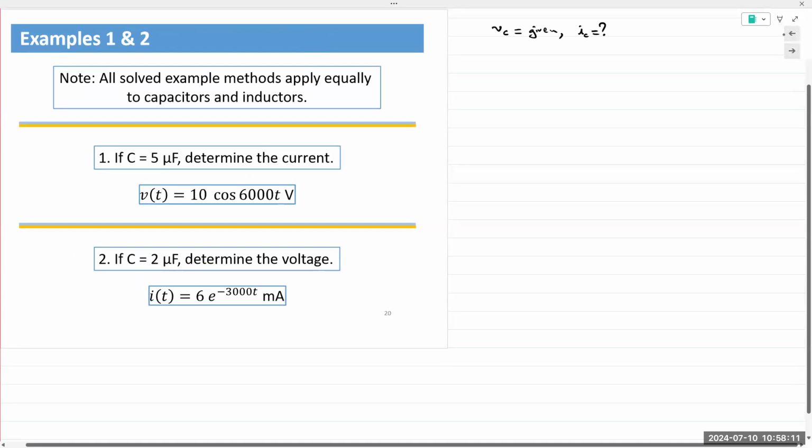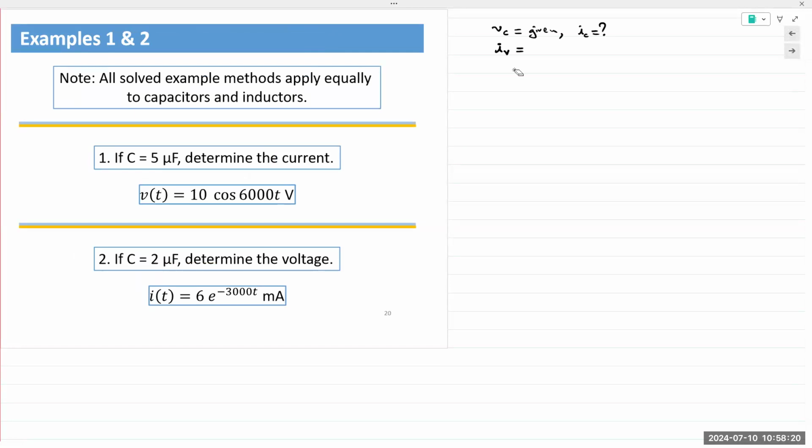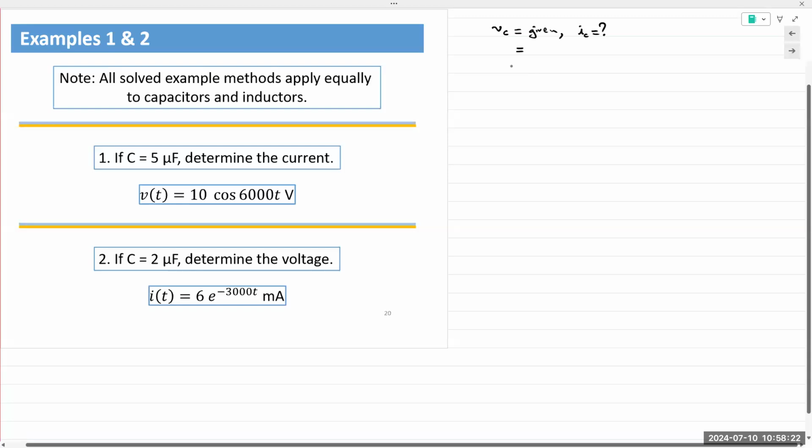The same example as applied to inductor would be inductor current IL is given, and we're asked to find VL.